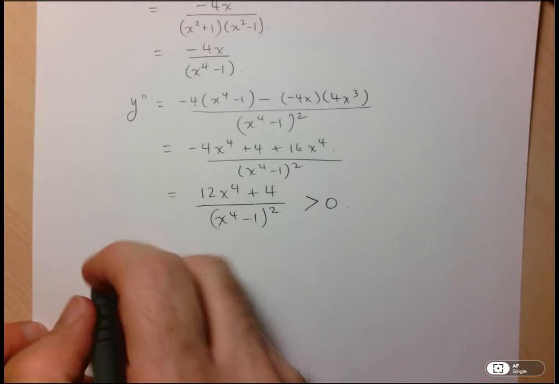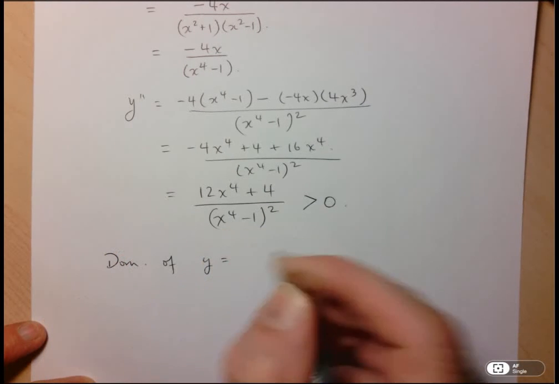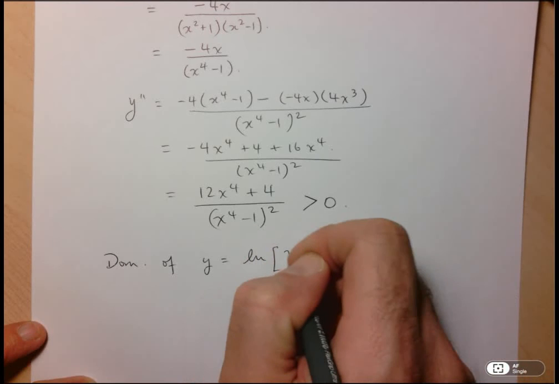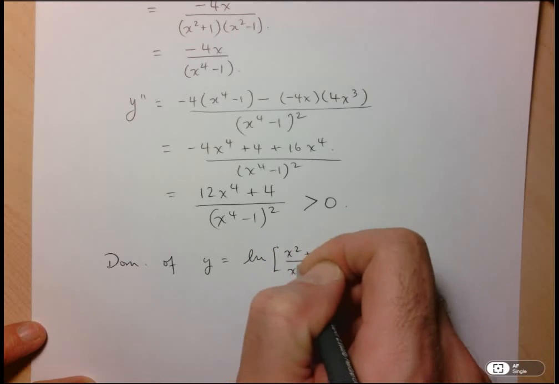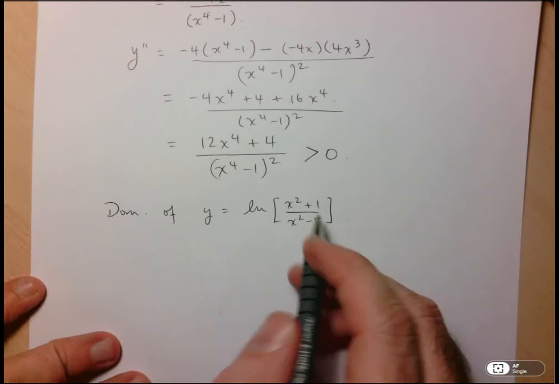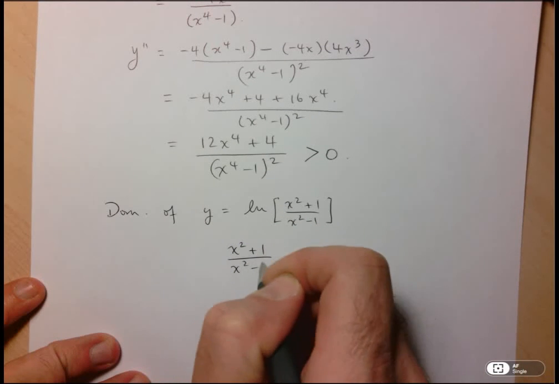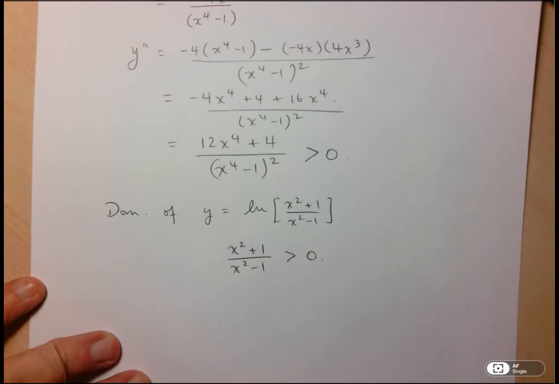So what I want to do here is find the domain of y equals ln of x squared plus 1 over x squared minus 1. Since it's a logarithmic function, I need x squared plus 1 over x squared minus 1 to be strictly greater than 0.